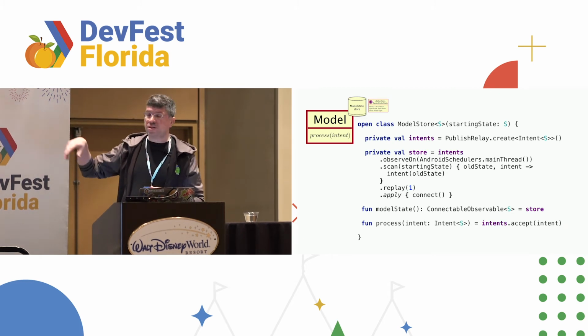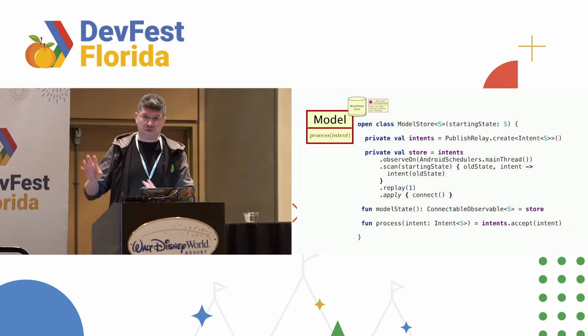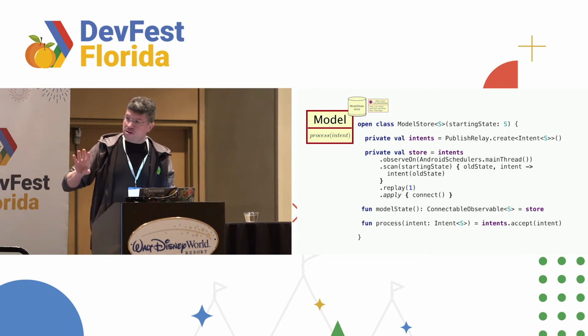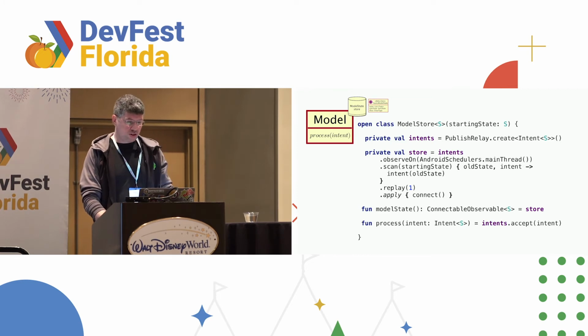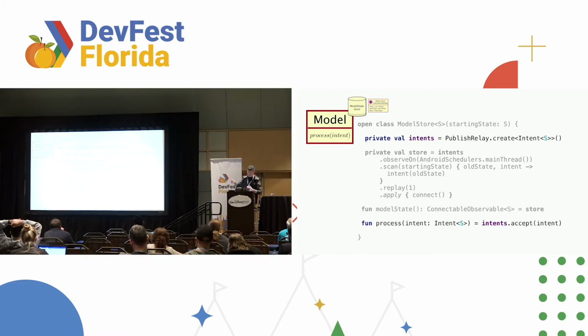So all of this, I'll have a link at the end of the presentation where you can basically get all that code if this looks too complex for now. But this is basically your model store and what will update those changes, and we'll take a look at how that actually works. So if we start with the input side, when things come into the model, we get that process function that's going to get called.